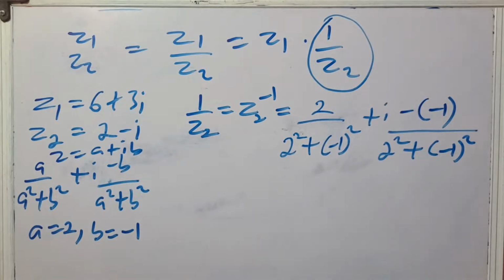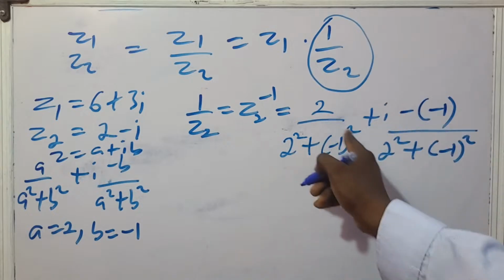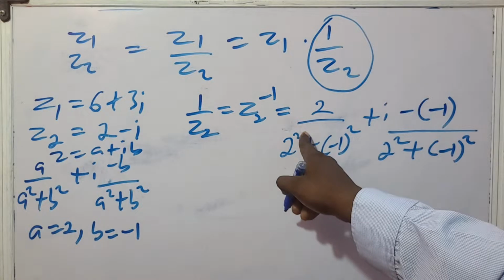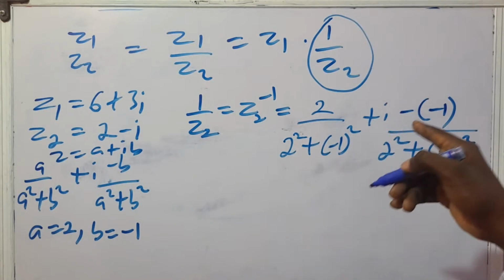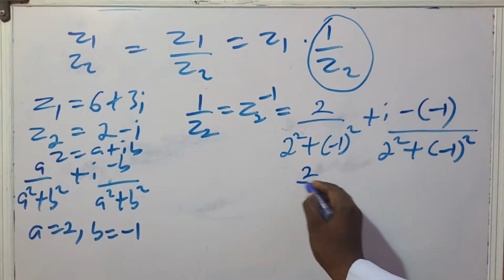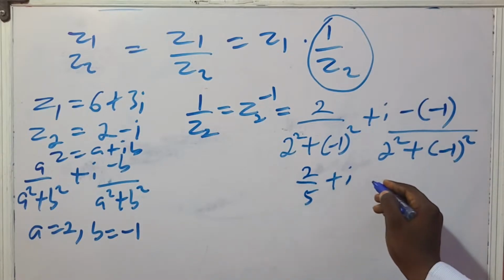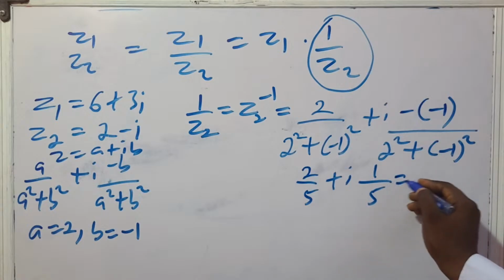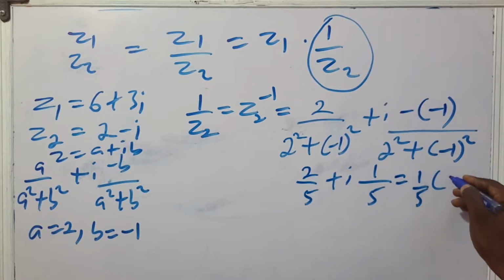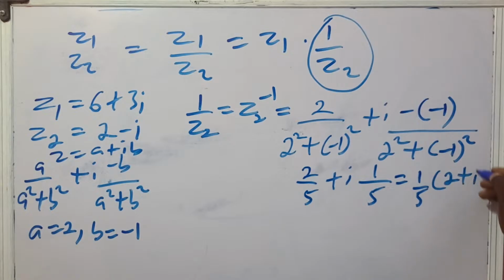All right. Now, looking at this, this will be equal to 4 plus 1, that's actually 5. So this will be 2 over 5 plus i 1 over 5. So we can write this easily as 1 over 5 into 2 plus i.